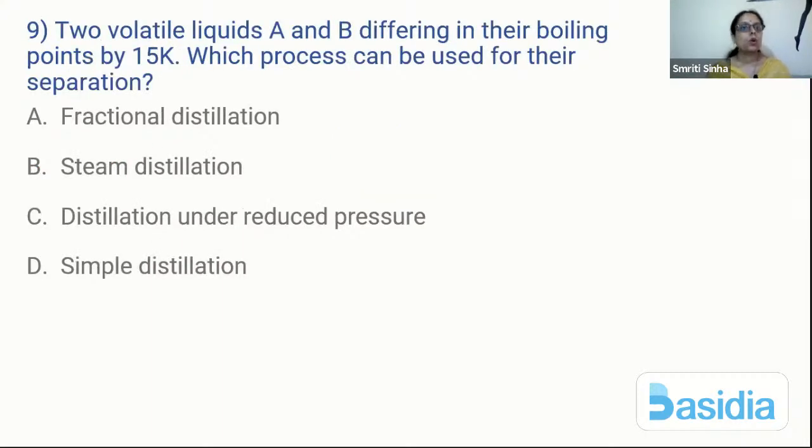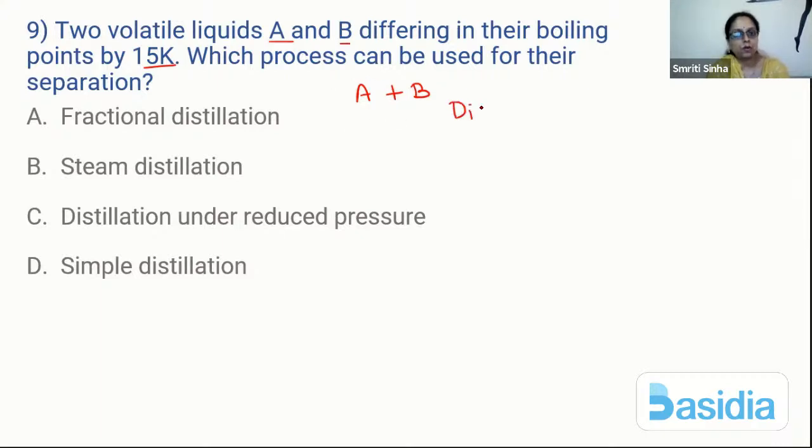Next, two volatile liquids A and B differing in their boiling point by 15 Kelvin. Which process can be used for separation? Now you have two liquids A plus B in the form of a mixture. You want to separate it. You know you can separate it by distillation.